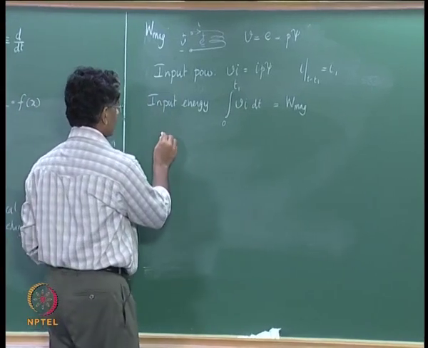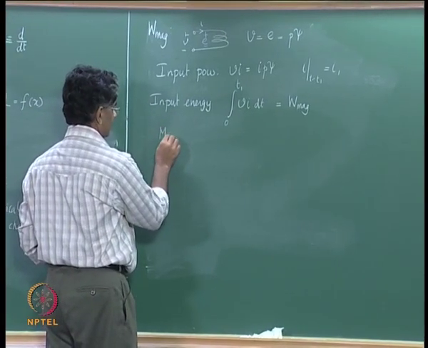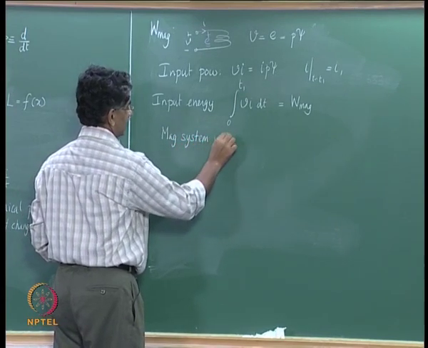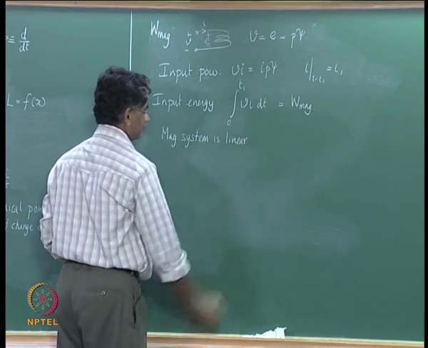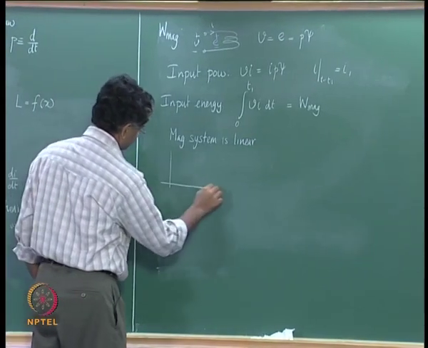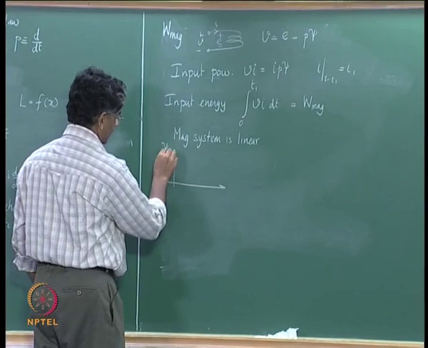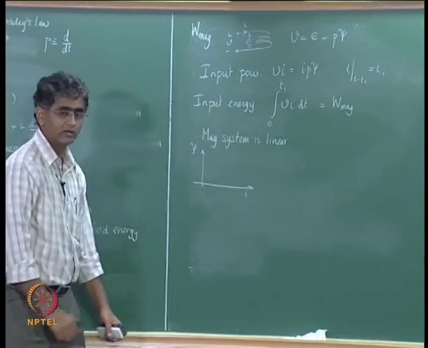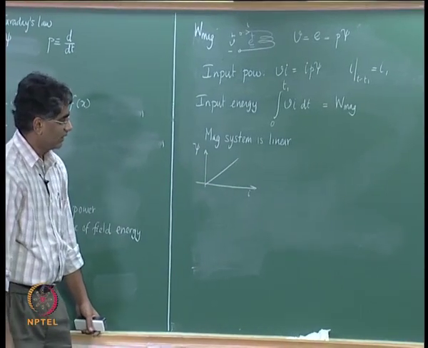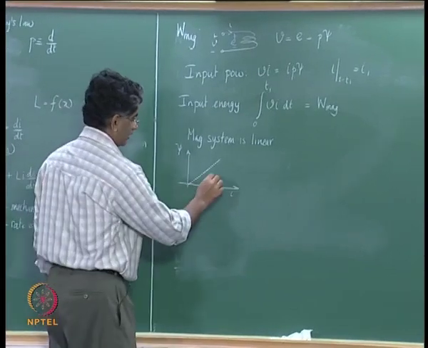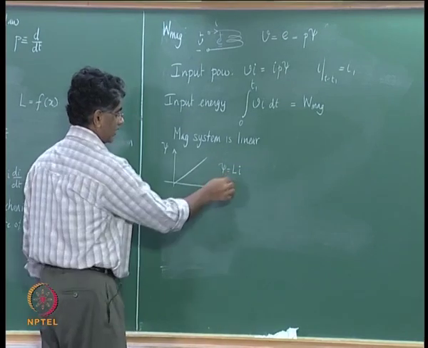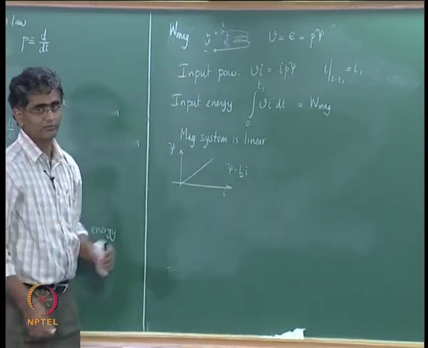And we will further assume that the magnetic system is linear, which means that if you plot flux linkage versus the current I, this relationship is a straight line, and if it is so, one can describe this as psi equals L into I, where L is the inductance of this loop.